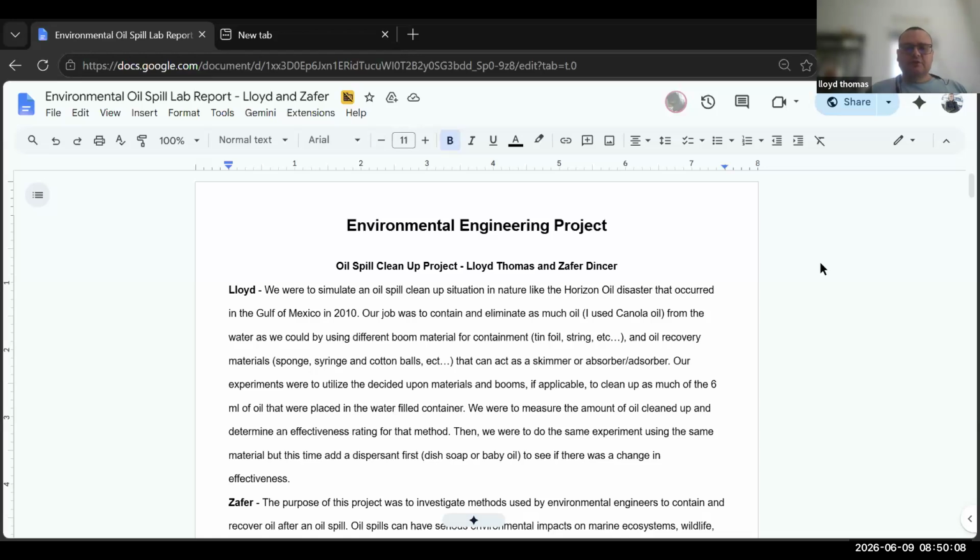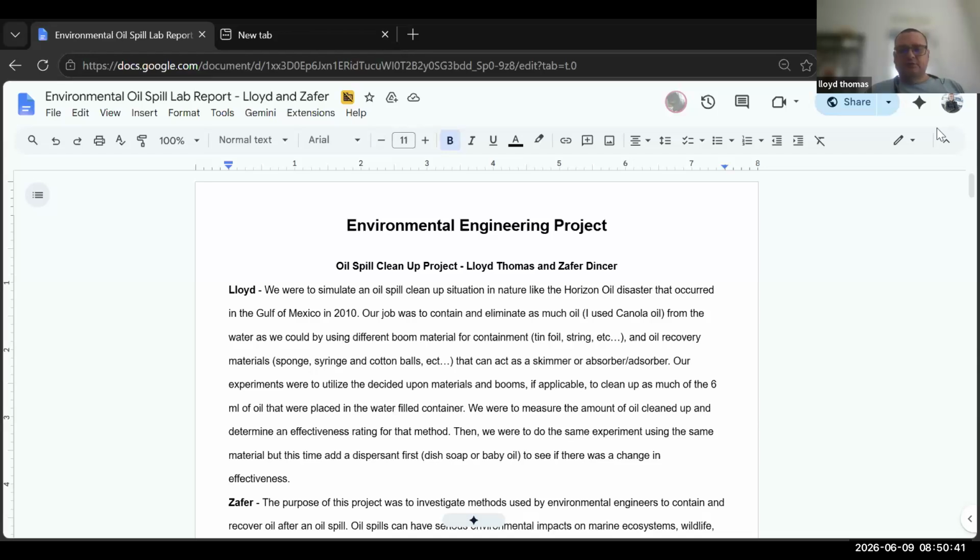My beginning just says that we tried to replicate or simulate the oil spill from the Horizon oil disaster, and we had to try to contain it and eliminate as much oil as we possibly could. You could use whatever you had for containment: tinfoil, string, shoestring. Your recovery could be a sponge, syringe, or a cotton ball. And he acted as a skimmer, absorber, or adsorber.